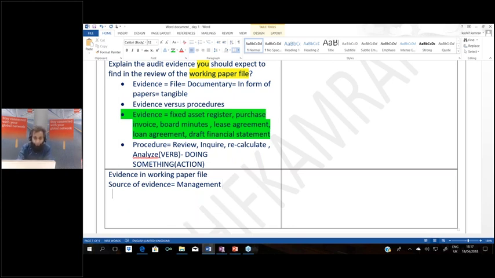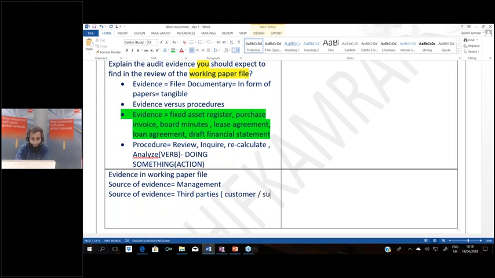A lot of evidence comes from the management, right? Secondly, evidence also comes from third parties, right? Evidence also comes from third parties, like customers. Evidence comes from the customers directly. So the auditor can directly correspond with the customer, yes.